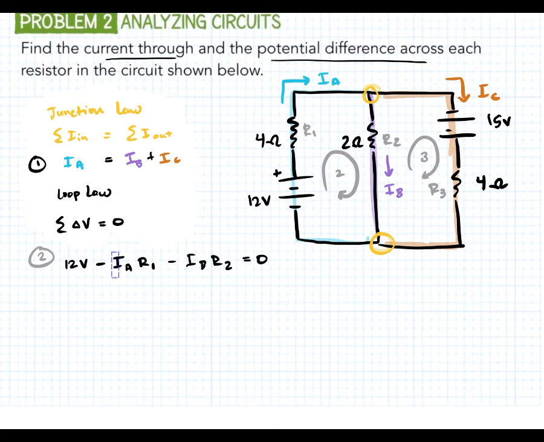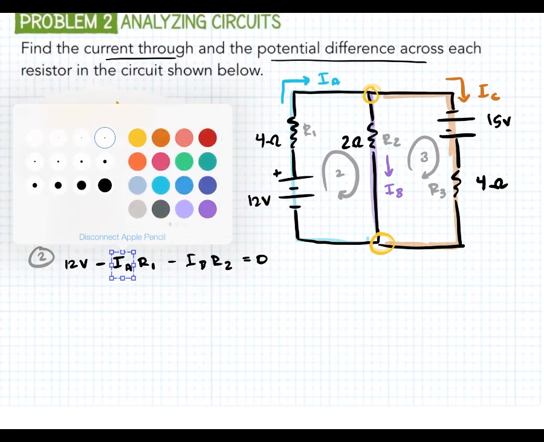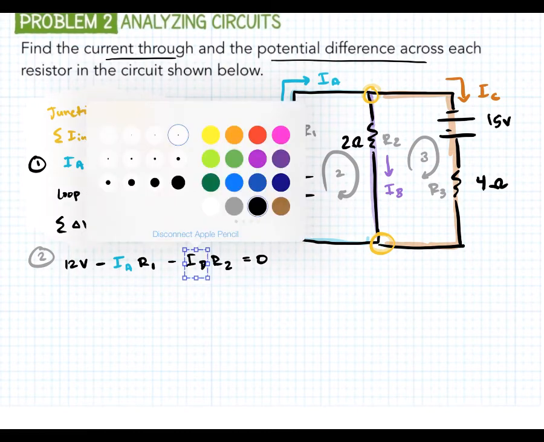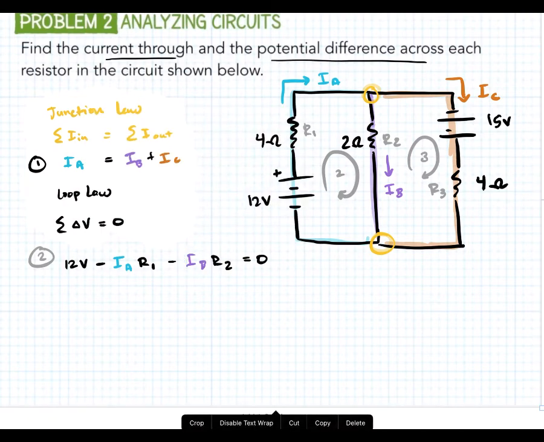So I'm just going to change these colors so they're easy to remember. So this is IA. Remember IB we chose to be purple. This is a good thing to do when you're learning these, just so you keep track of your different variables.